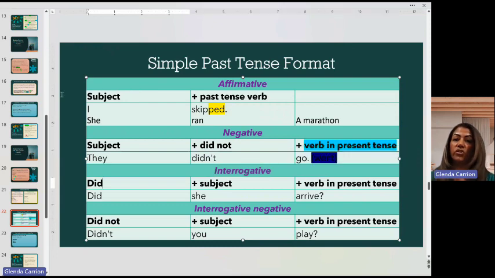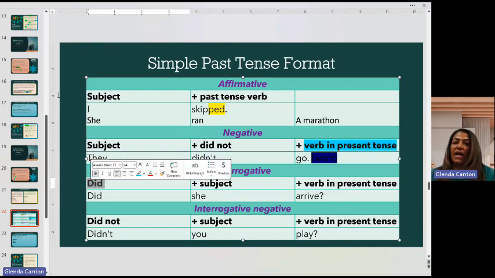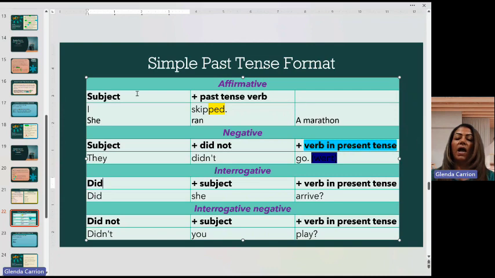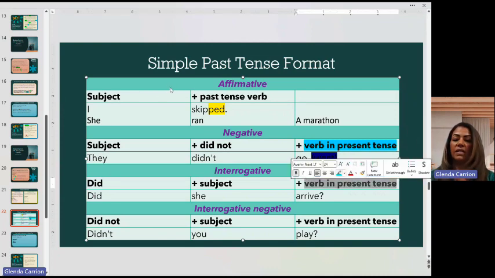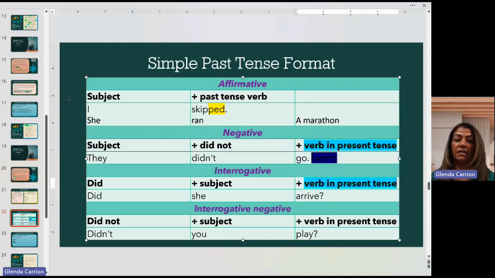Same thing happens when it's an interrogative or a question. Remember, in questions, we start with the auxiliary verb did. Did contains the past tense in it, so you don't have to use the verb in past tense. You use it in present tense again. So the correct way to make a question in the past tense is, did the subject do?